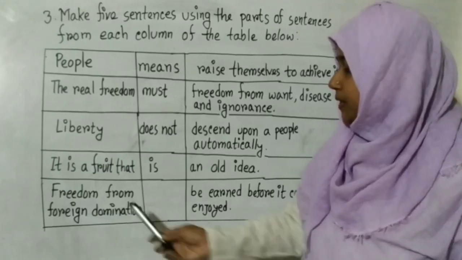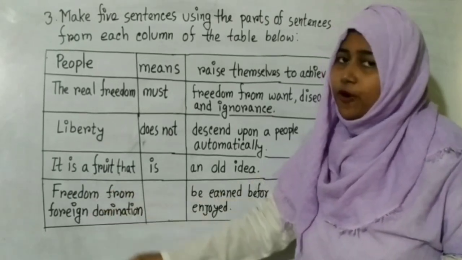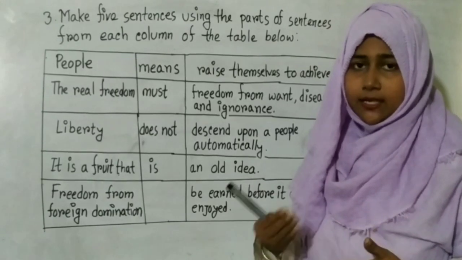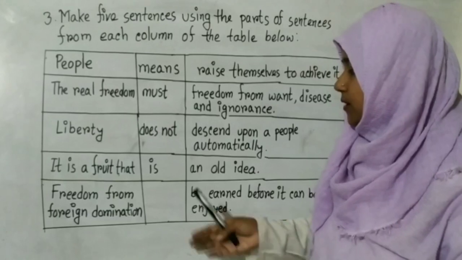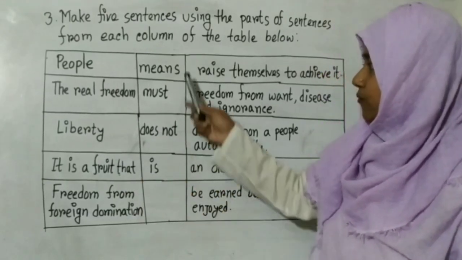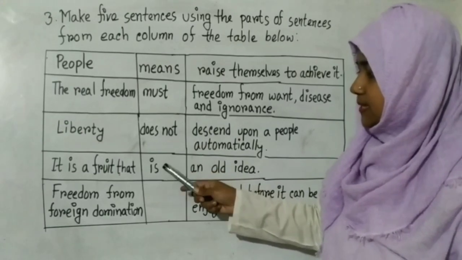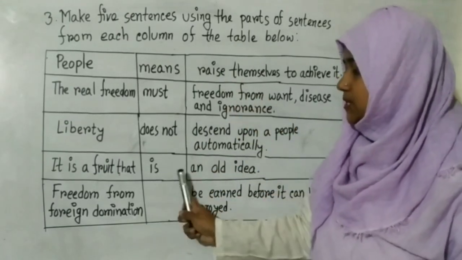Then last one. Freedom from foreign domination. Is it a contemporary idea? No, it is not at all a contemporary idea. So one option is left, that is, an old idea. So we can match it.